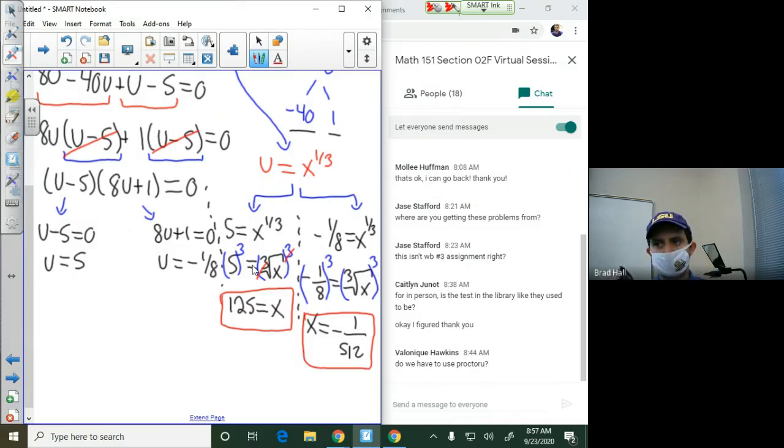Or if you do it in your calculator and you know how to convert from decimal to fraction, you would also get -1/512. That is what you would do for this problem. Does anyone have any questions about this one?